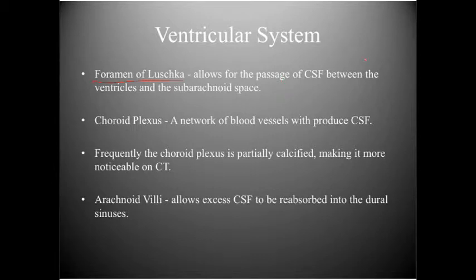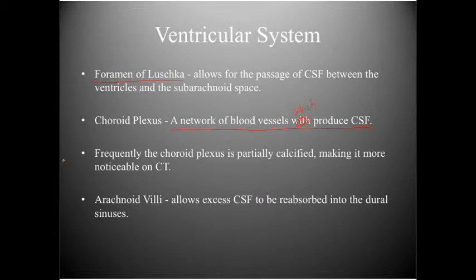The choroid plexus, I'm sure that we've seen this on brains many times, is a network of blood vessels which produce CSF. And so definitely know that the choroid plexus is in charge of the production of cerebrospinal fluid. Frequently, the choroid plexus is partially calcified, making it more noticeable on CT.